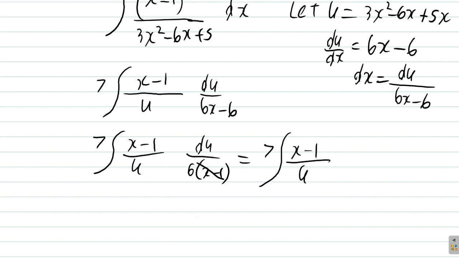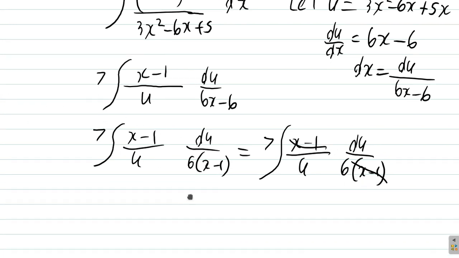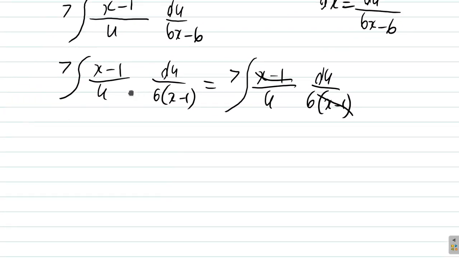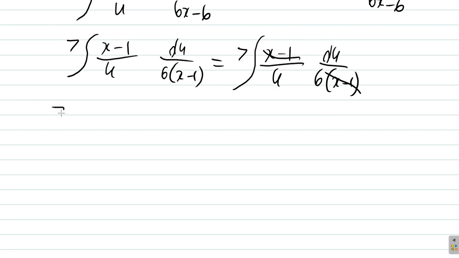So let's do it here instead of mixing up everything in one step. You're going to have du over 6(x minus 1). But x minus 1 will cancel x minus 1. You see what happened there? So this now will be 7 integral of 1 over u du over 6.